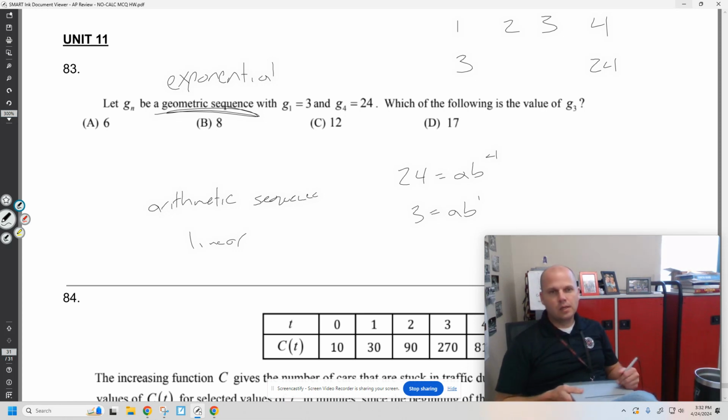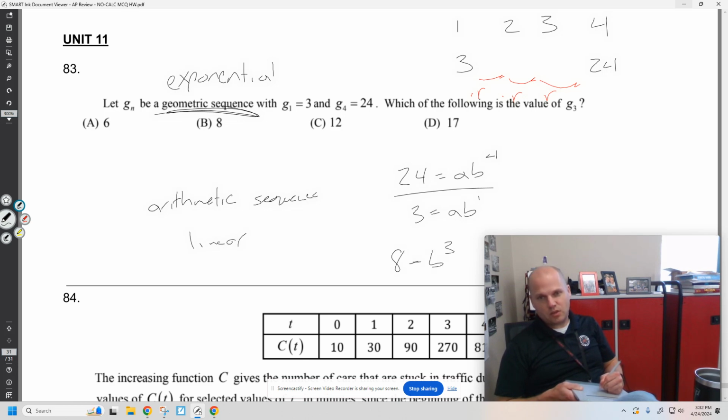Or there's some common ratio, times r times r times r. This is like if you divided these two equations, you would get 24 divided by 3, which is 8, equals b cubed. So it's like 3 times r cubed equals 24.